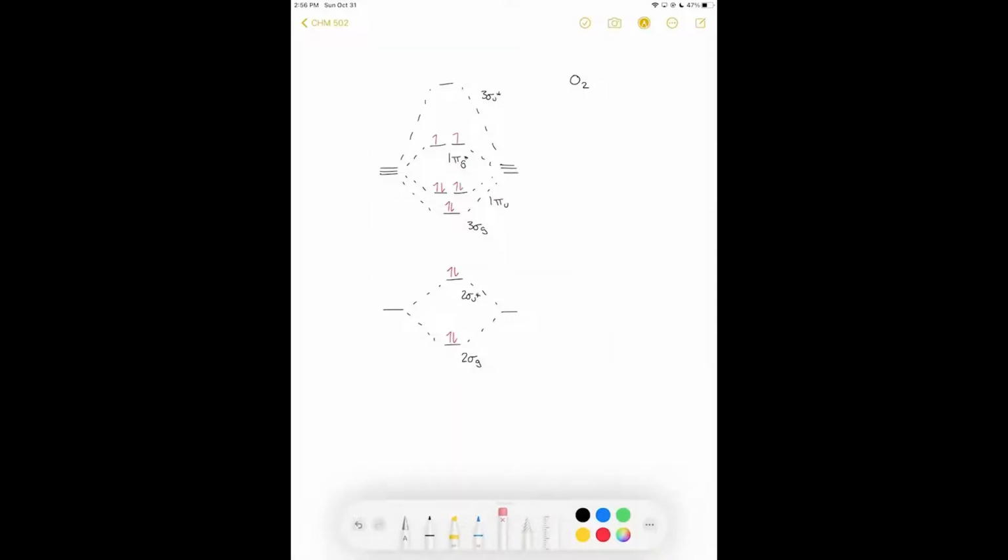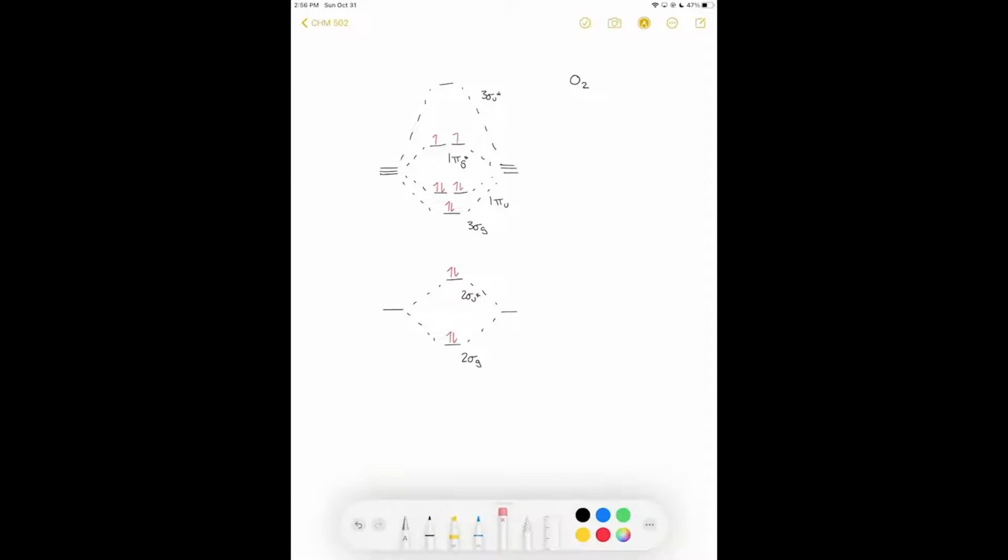So here I have the molecular orbital diagram for diatomic oxygen. And what we want to do from here is consider what the orbitals are and what we can say about their terms. So remember, and this is the same for atomic spectroscopy, what kind of orbitals did we consider?